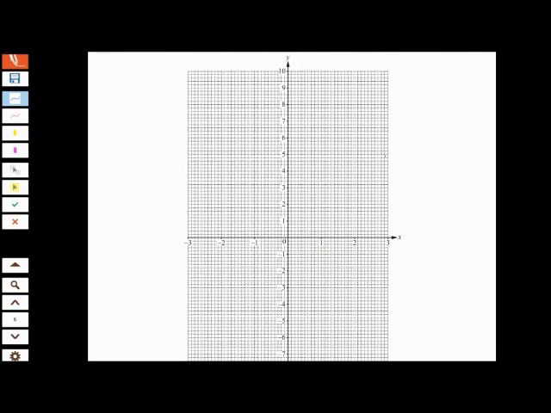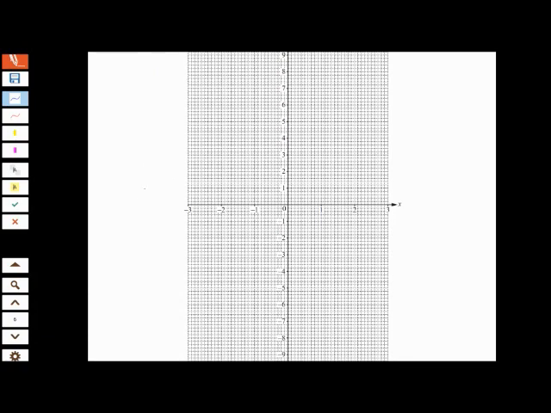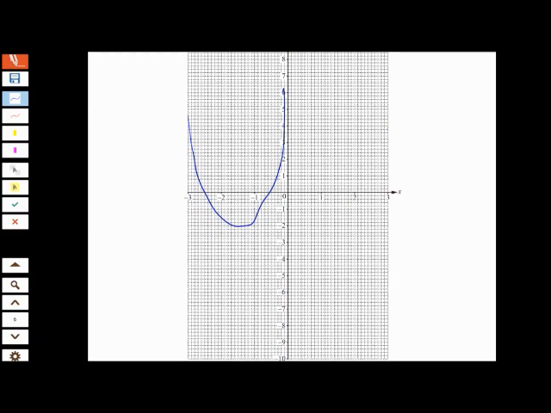The graph would look something like this. Starts from somewhere here. The other one is something like this. This is how it will look.